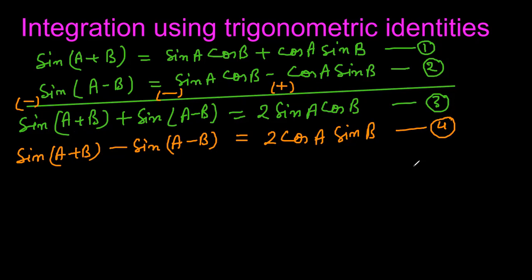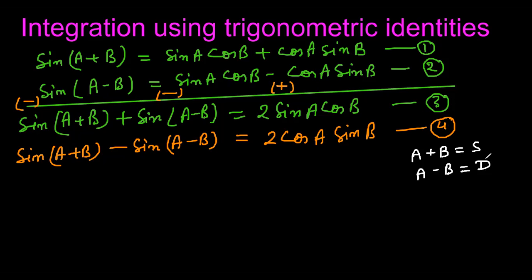Now what we are going to do is, A plus B is simply two angles. When you add A and B, you are getting A plus B. So let A plus B be the sum of the two angles. Let's represent this by S. And A minus B, which is the difference, let's represent it by D, sum and difference.